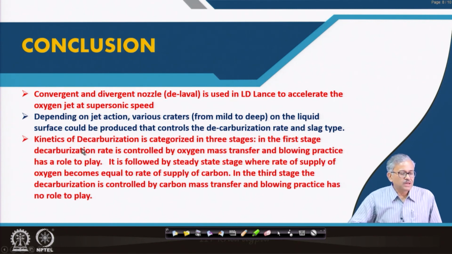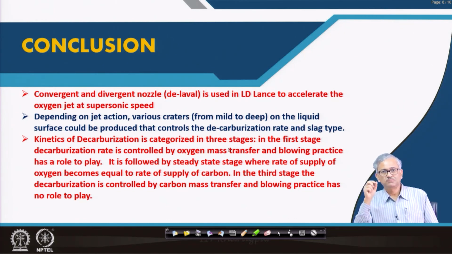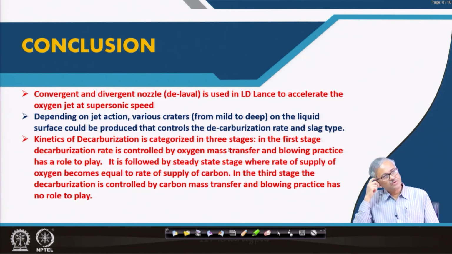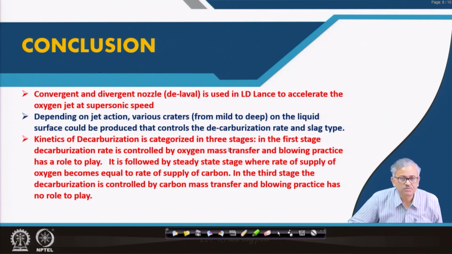Okay. And then the kinetics of decarburization is categorized in 3 stages. As I said, in the first stage, it is basically oxygen mass transfer control, because initially you have plenty of carbon in the hot metal. So initially the rate of decarburization is controlled by the supply of oxygen. So in the initial part, the decarburization rate increases steadily, and how fast you want to increase or decrease it will depend on your blowing practice.